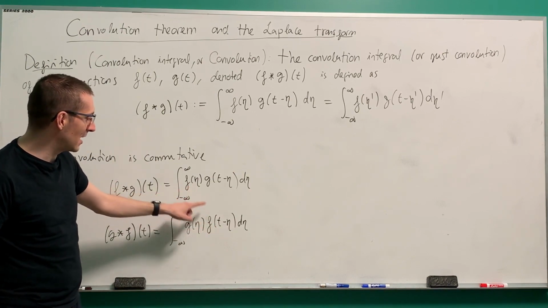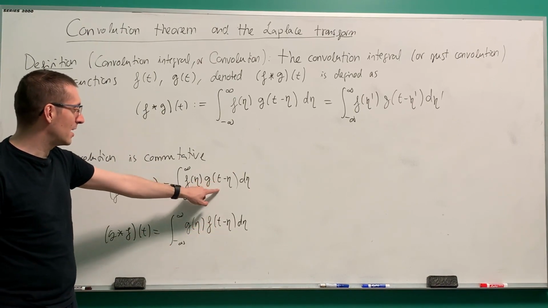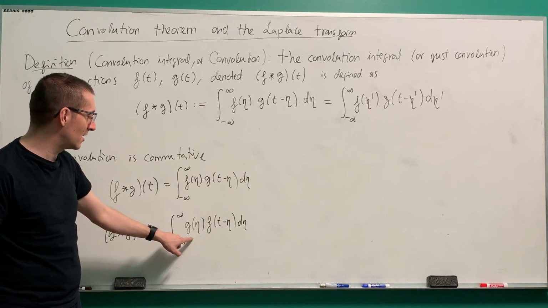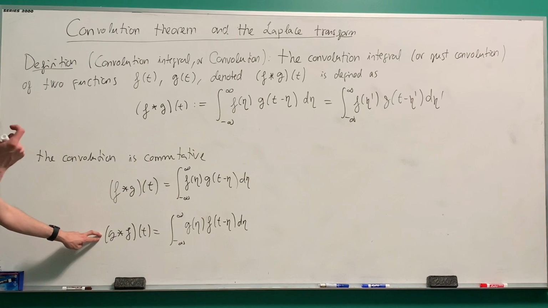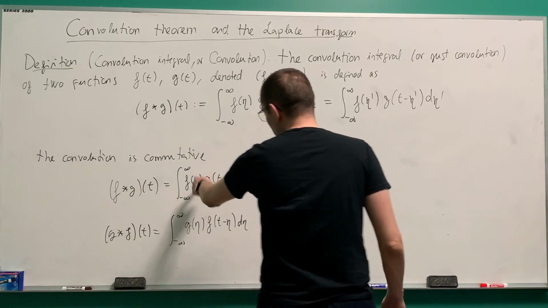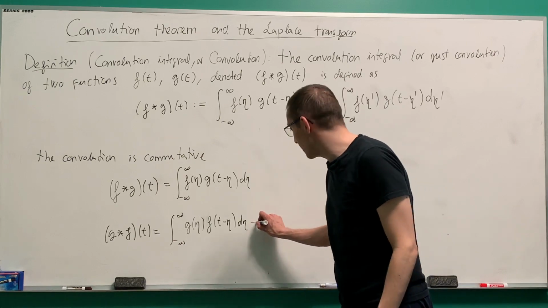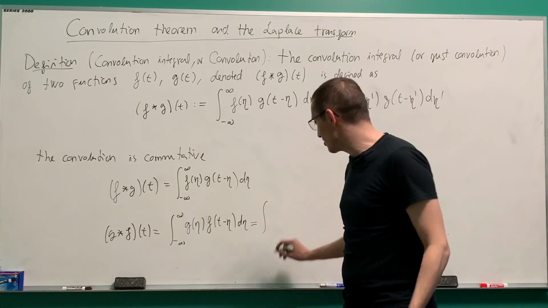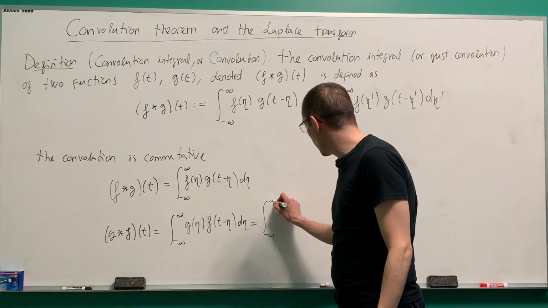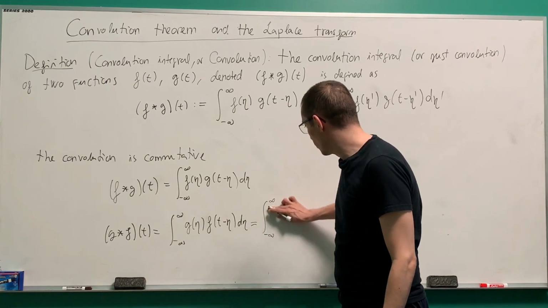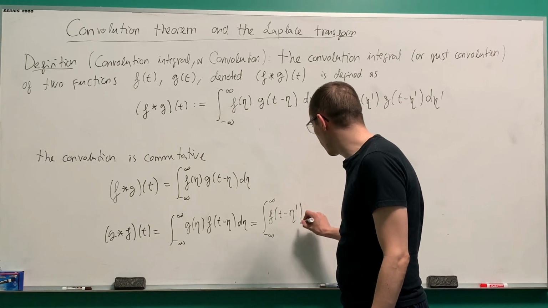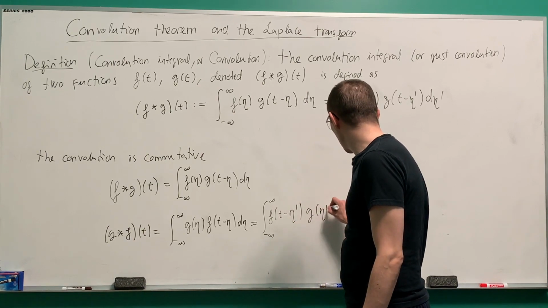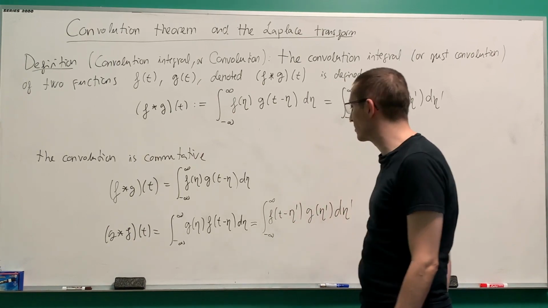Here f has the eta, here f has the t minus eta, here g has the t minus eta, and here g has the eta. Okay, so this is the other order in the product. Let's prove that these two things are equal. Of course, this one, let me just write it again, reordered, as f of t minus eta prime, g of eta prime, d eta prime, where eta prime is a dummy variable.